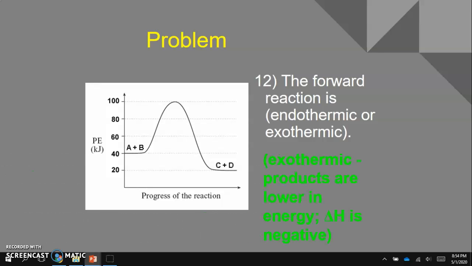So your enthalpy change, your delta H of the forward reaction is... again, here's our products. We need to find the change between our products and our reactants. Our products are at 20 and our reactants are at 40. Remember, to find your change in enthalpy, your delta H, you do the energy of your products minus the energy of your reactants.